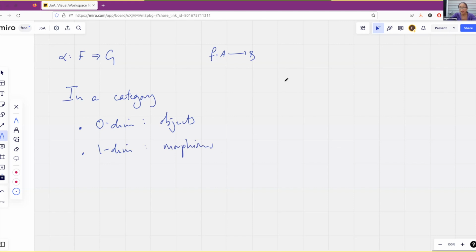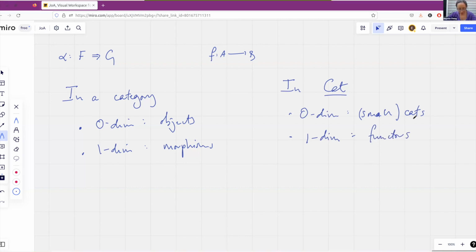So in a category of categories, say Cat, the zero-dimensional things are the objects of this category, which are categories, say small categories, and the one-dimensional things are the morphisms between them inside that category. So those are probably functors.